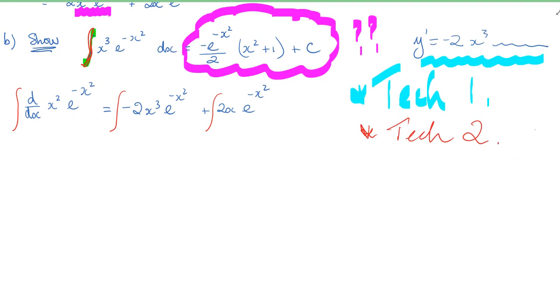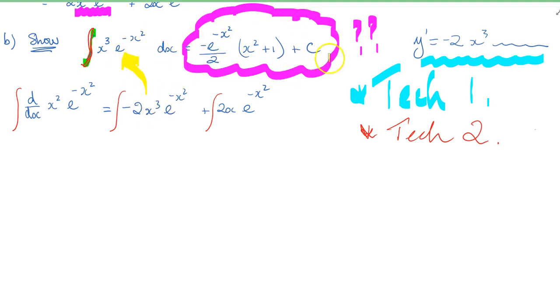Okay, I quite like that I've got this x cubed e to the minus x squared, because apart from that minus 2, it's very much what I'm trying to show. It's almost what I'm trying to show, that the integral of just x cubed e to the minus x squared is this.